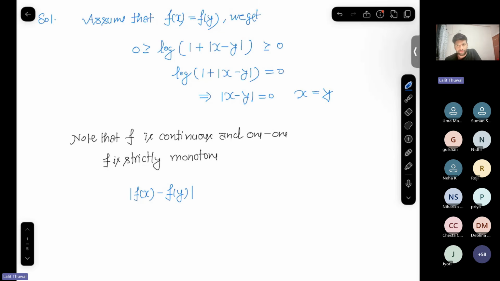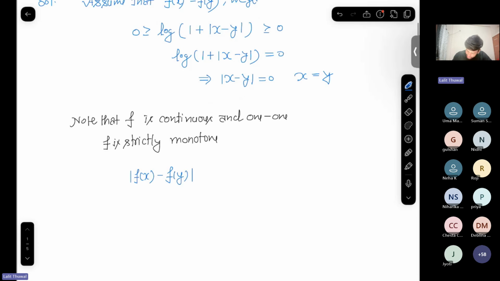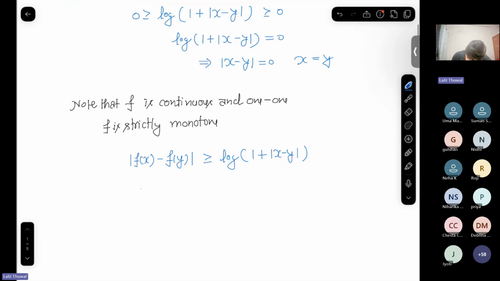Okay. So this is greater than or equal to log of 1 plus mod x minus y. We want to know that when x tends to infinity, where this function goes, right? So for this, put x equal to 0.